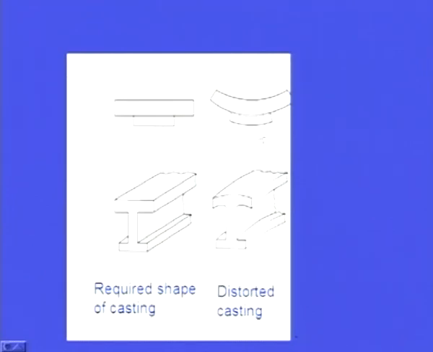So, this is the effect of distortion, and when we are designing the pattern we have to take this effect into consideration. We have to design the pattern in such a way that this distortion will be overcome. How to counteract this distortion?